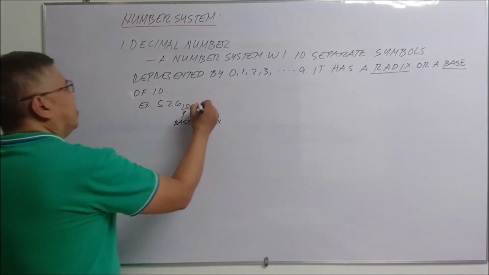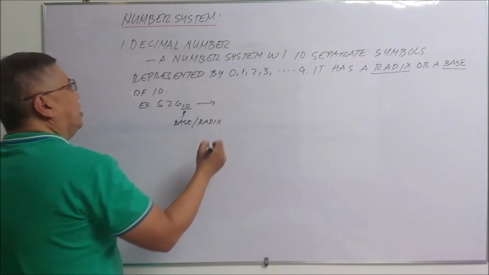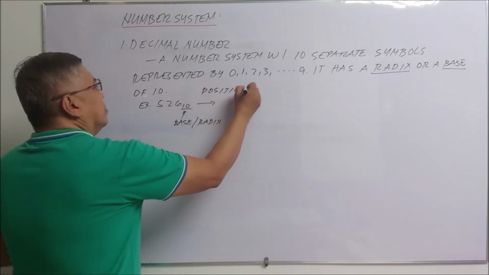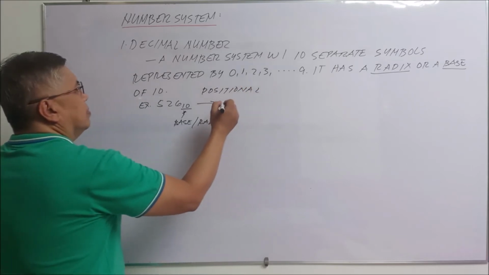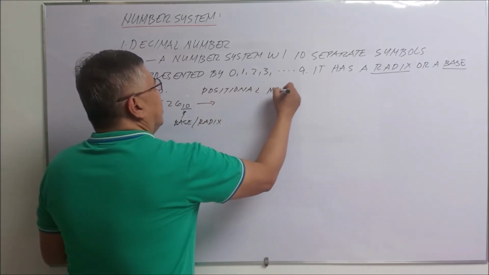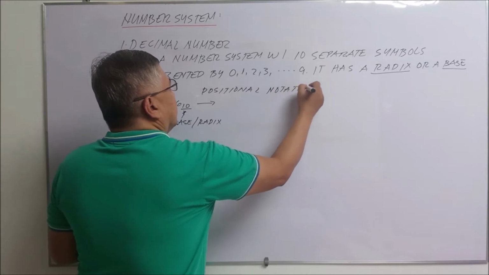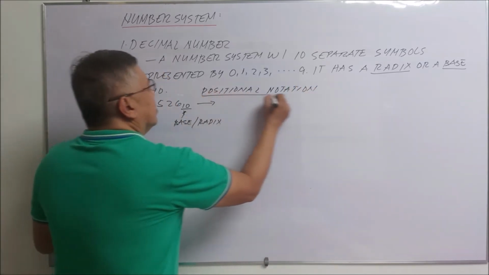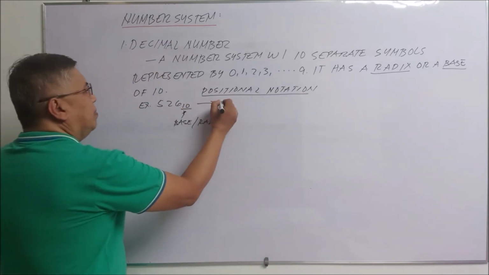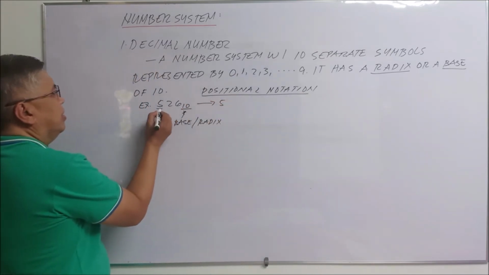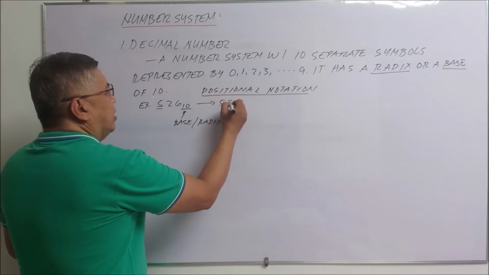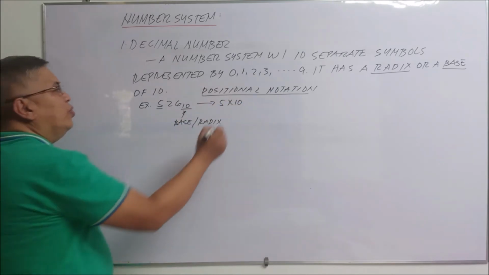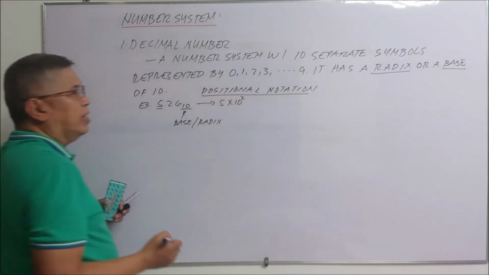Now, if we obtain the so-called positional notation of this number, this will be the positional notation: you have 5, this one here, times the base 10 raised to the second power.